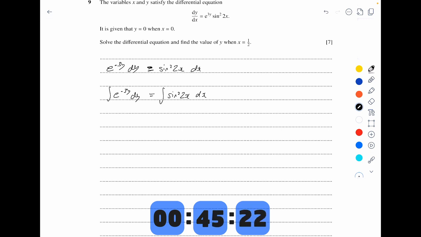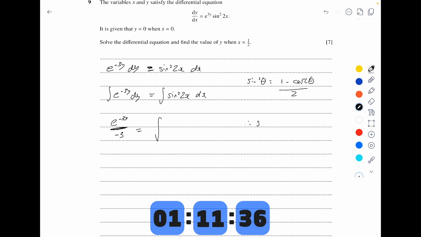if we integrate the left hand side, we get e to the negative 3y over negative 3 is going to equal, well, what do we know? We know that sine squared theta is going to equal 1 minus cos 2 theta over 2.